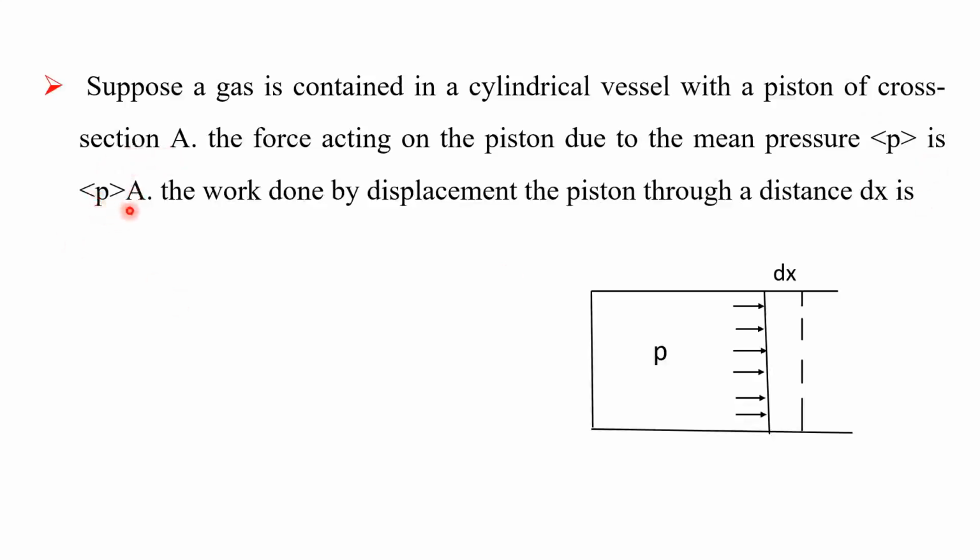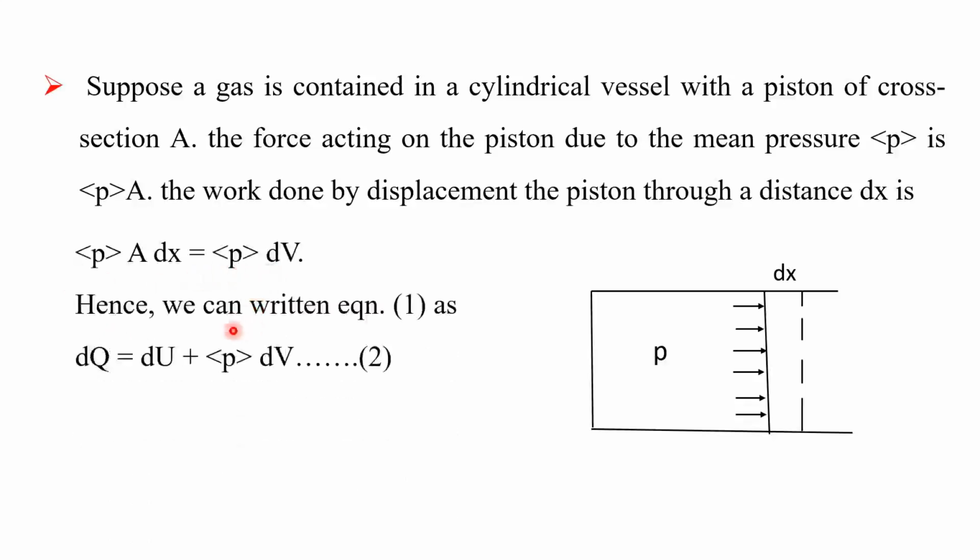The work done by displacing the piston through a distance dx is P A dx, which equals P dV. Hence we can write equation 1 as dQ = dU + P dV.